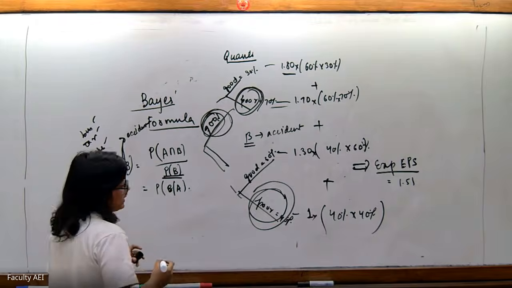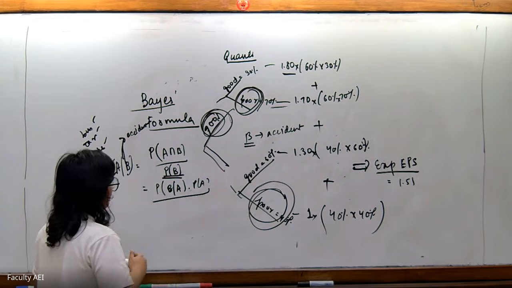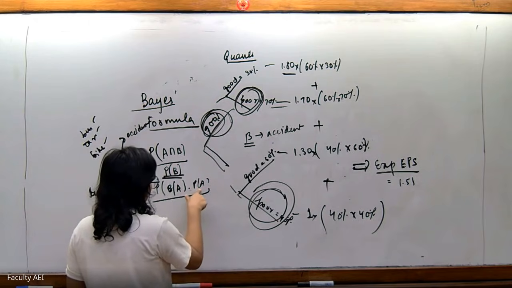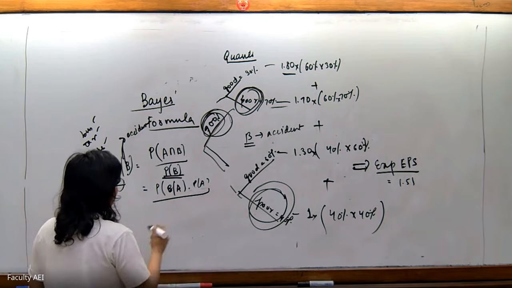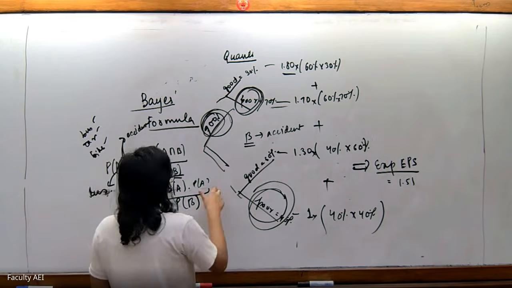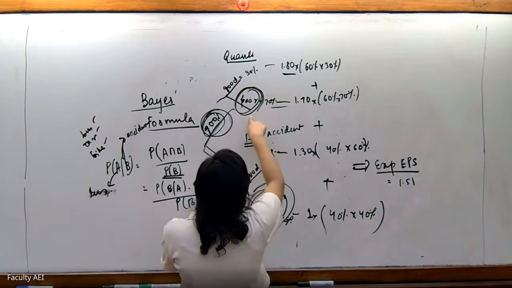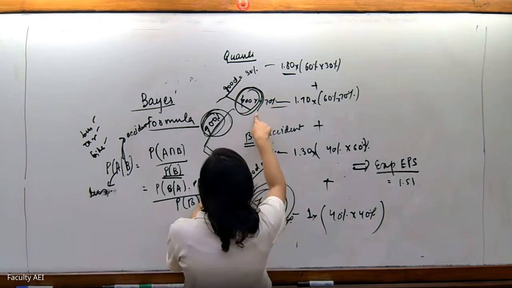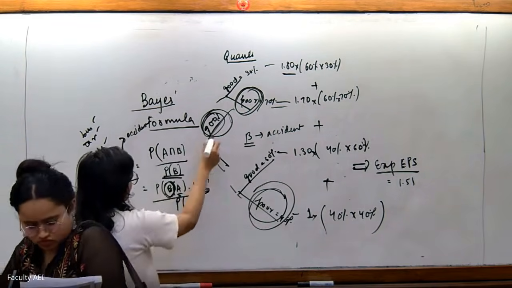P of A intersection B would be probability B given A into probability A. That is, the probability that it is a bus, and if it's a bus, the accident is happening, divided by the probability of all the accidents happening. In this case, it would be the probability that your economy is generating poor returns. And if your economy is generating poor returns, what was the probability that your economy was in a good state?